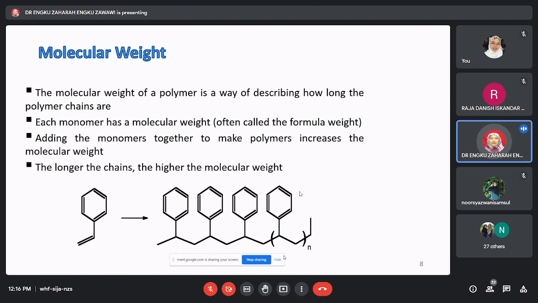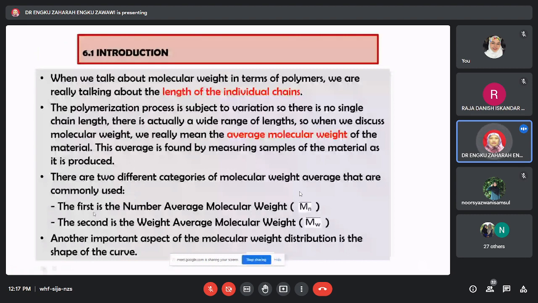So the longer the chain, we add one unit at a time. The longer the chain, the higher the molecular weight of the individual chain.